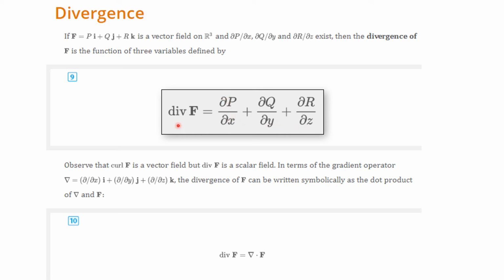Now notice that this is a scalar function, this is not a vector function. So observe that while the curl is a vector field, the divergence is a scalar field. And in terms of the gradient operator, del, the divergence could be thought of as being the dot product of del with capital F.